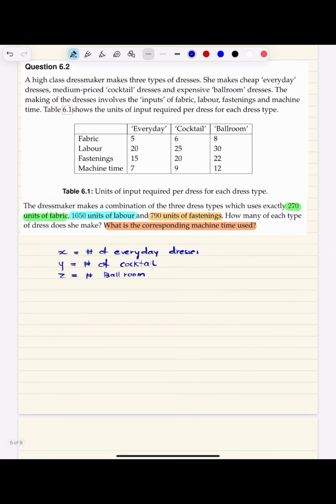Since we have 270 units of fabric, this would mean that 5x plus 6y plus 8z should be equal to the amount of fabric available, which was 270. Similarly, 20x plus 25y plus 30z should be equal to the total amount of labor available, which was 1050.